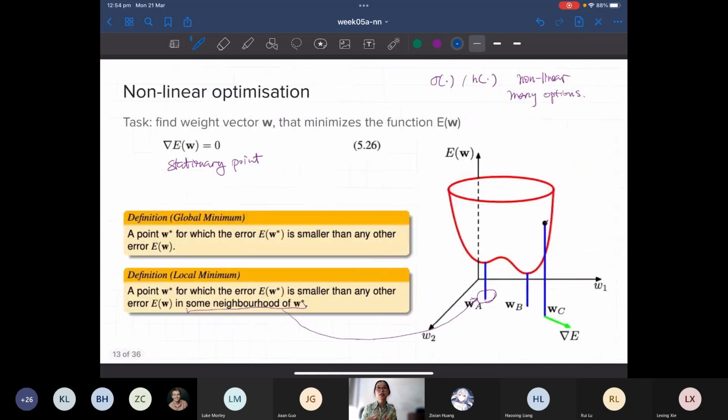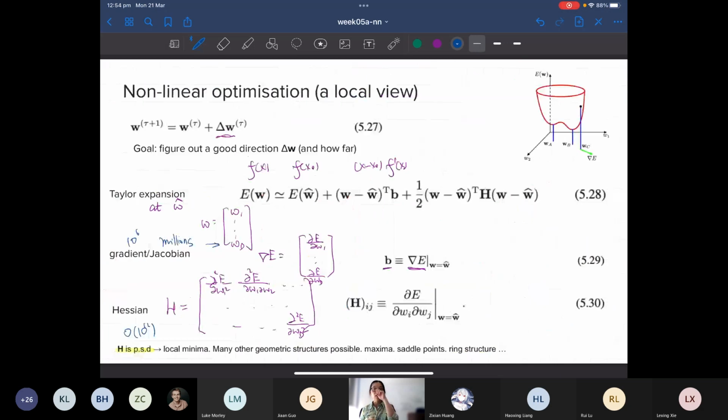If you're more interested in these topics in more depth, take the advanced ML class next semester. But basically, here is the intuition. When the Hessian is positive semi-definite, corresponding to this bowl-like structure, then we're looking at a local minimum when a stationary point is reached.